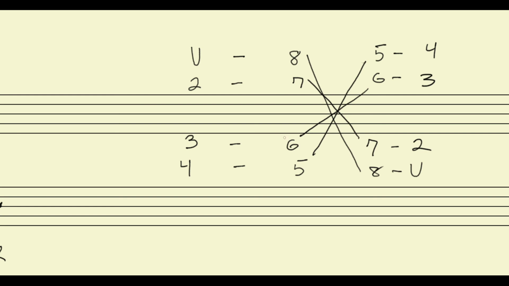The imperfect consonances, like the third and the sixth, invert to the other imperfect consonances. The dissonances, the seconds, invert to the sevenths, which is also a dissonance, and the sevenths invert to the seconds. The only place where that breaks down a little bit is the fourth to the fifth and the fifth to the fourth, because we know that the fourth sometimes can be a consonant and sometimes can be a dissonance.